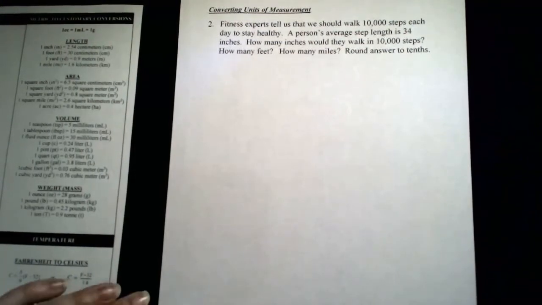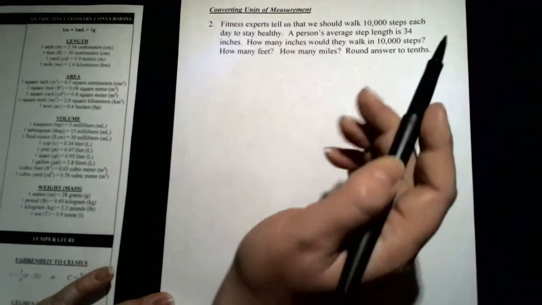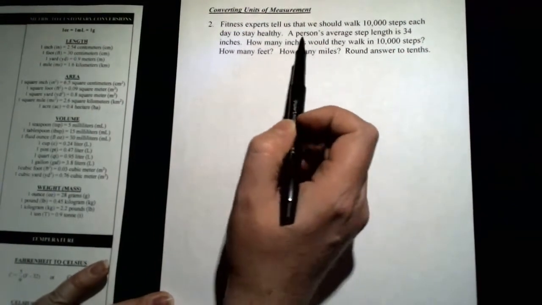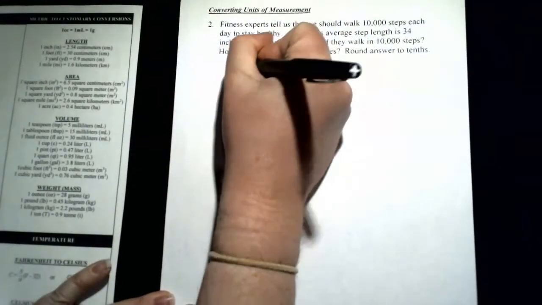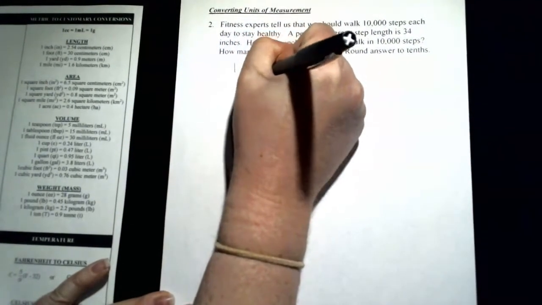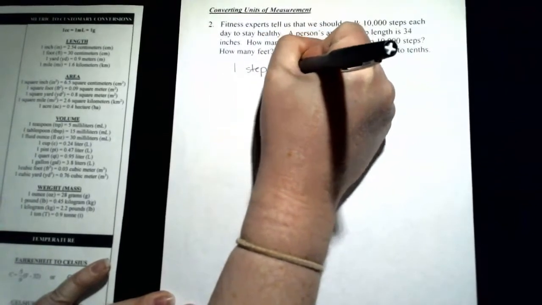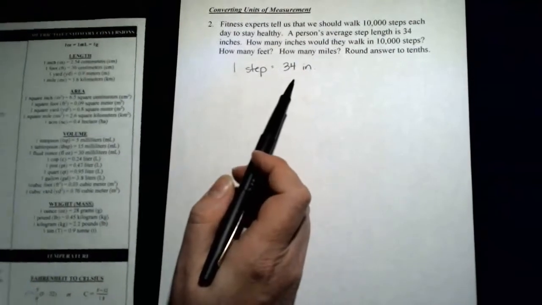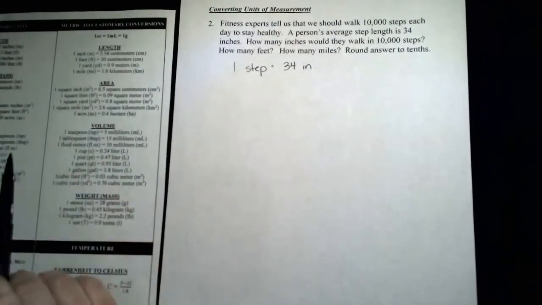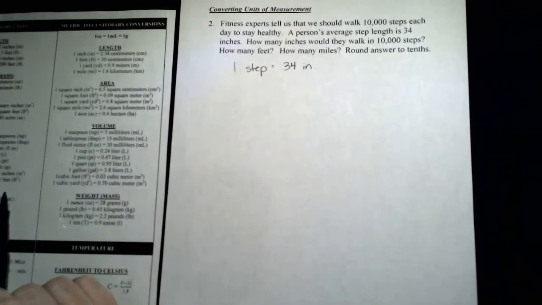So for this, let me first jot down what we're given here. We're walking 10,000 steps, but it tells us that a person's average step length is 34 inches. What that means is we have a conversion we can use. 1 step equals 34 inches is a conversion that is similar to the ones on the paper.